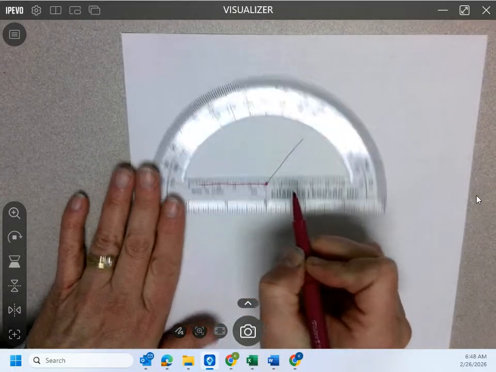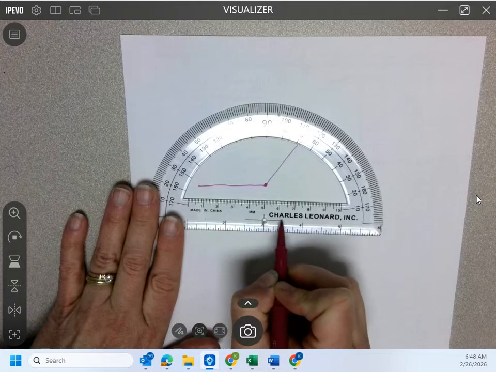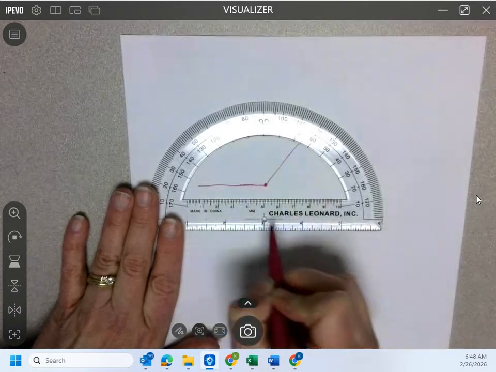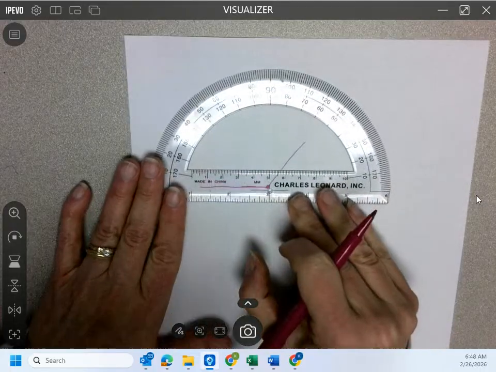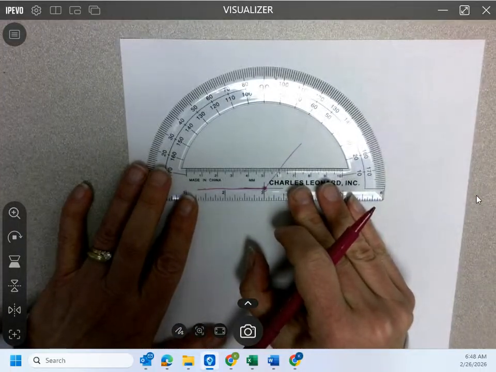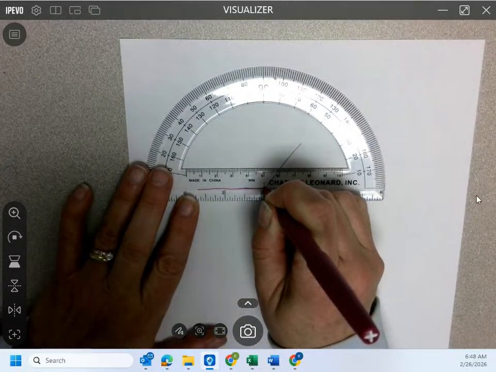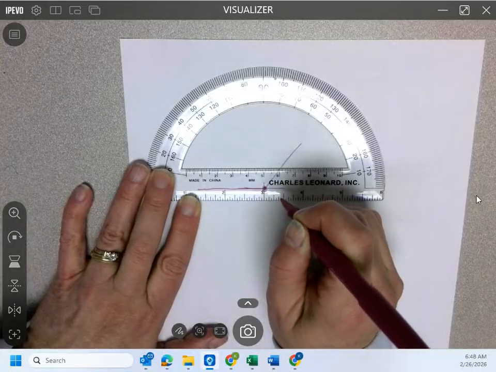And then you can see this line on the protractor. You're going to line up the bottom line of your angle with that line in the protractor. So I'm going to be as precise as I can, get that point right in the middle of my circle, and try to make that black line exactly on my angle line.